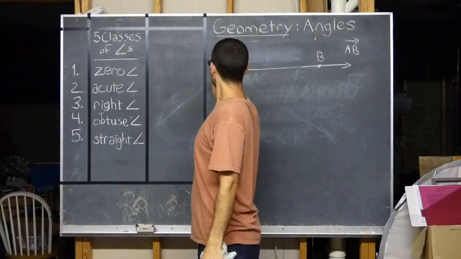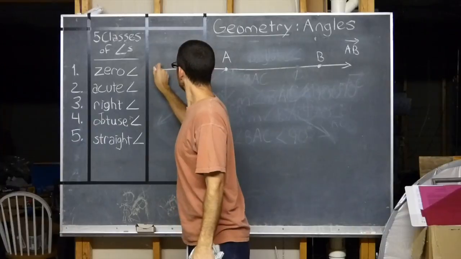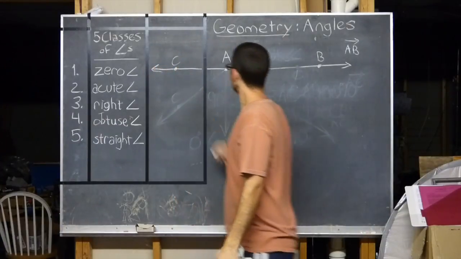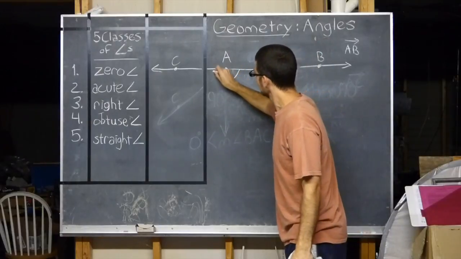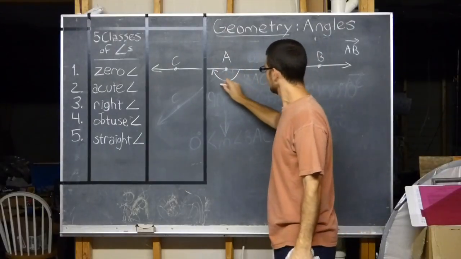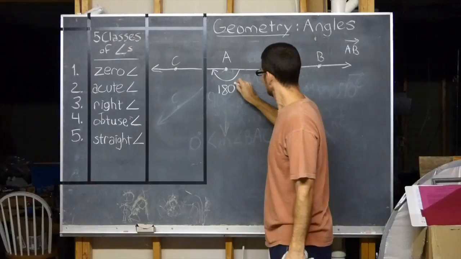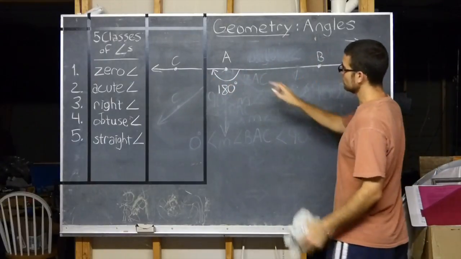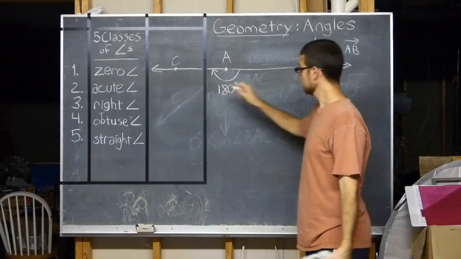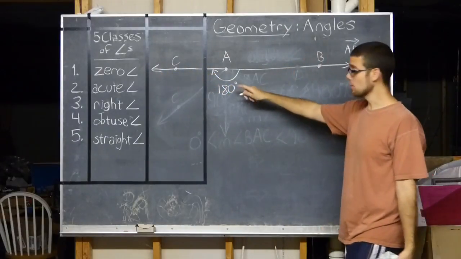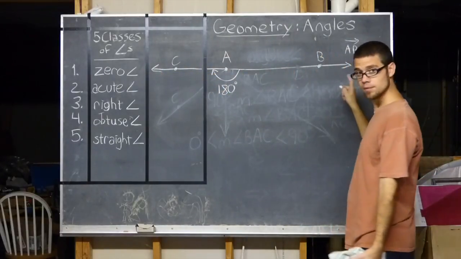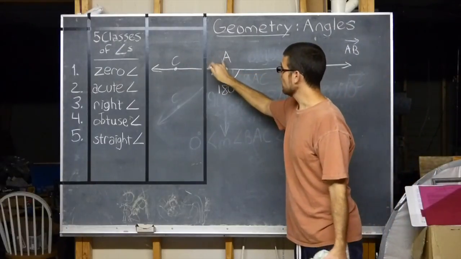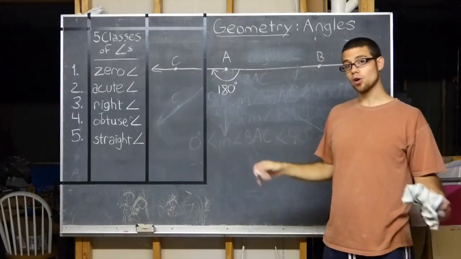When C is positioned so that ray AC is an opposite ray to ray AB, then point A, point C, and point B are collinear.